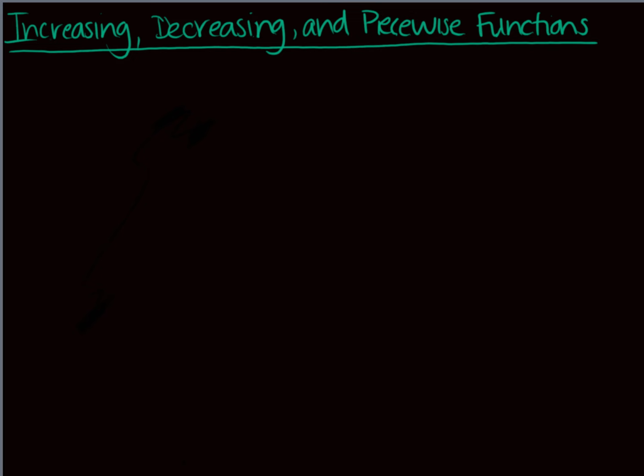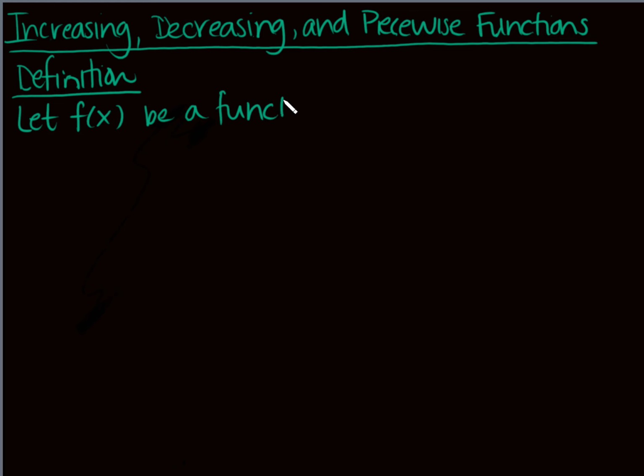I just want to state a definition first, and then we'll look at some graphs. So, a quick definition, well, maybe not so quick. Let f of x be a function on some open interval.